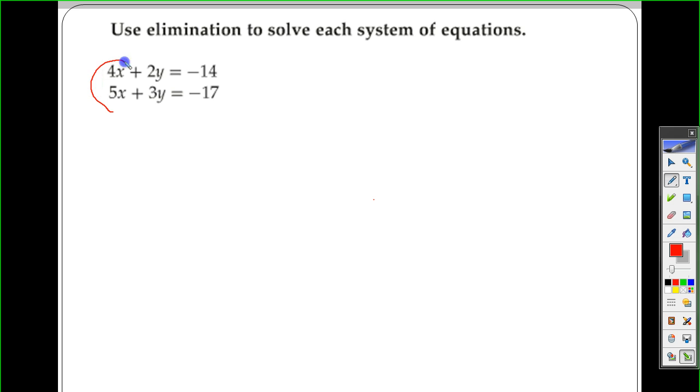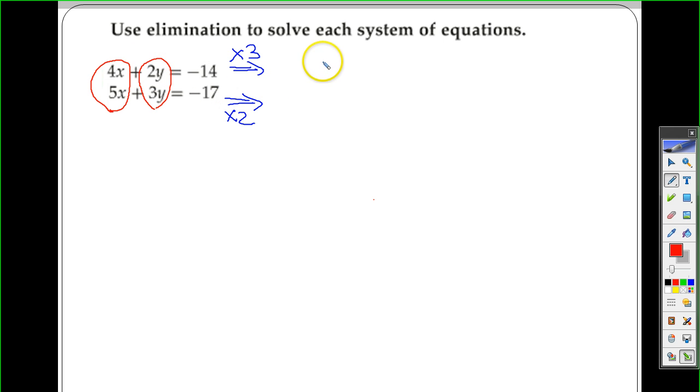So you can make either the x's make into 20x or make the y's into 6y. Okay, so I'm going to make this, let's do 6y. So the top portion, I'm going to multiply everything by 3. The bottom portion, I'm going to multiply everything by 2. Okay, so here we go.